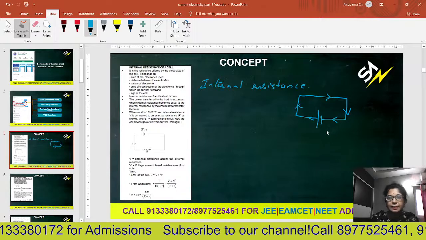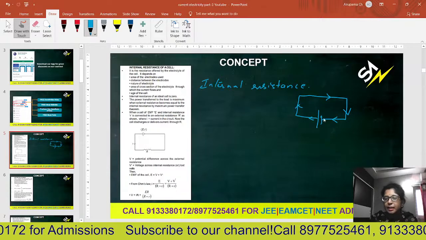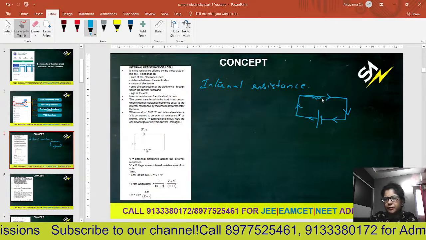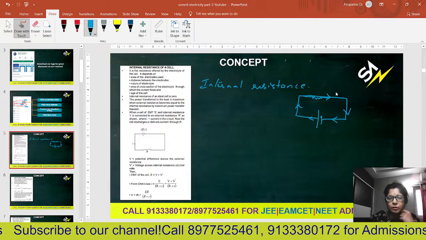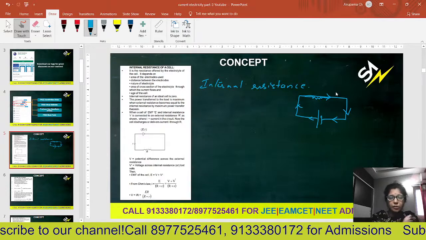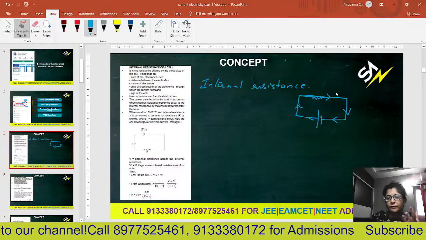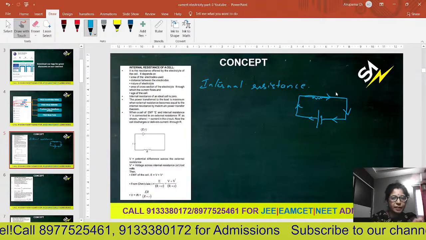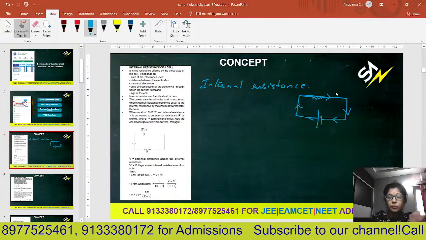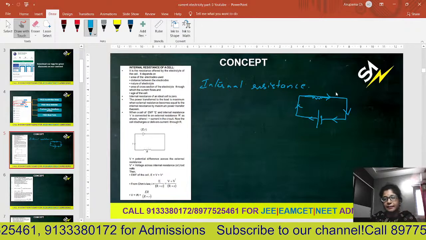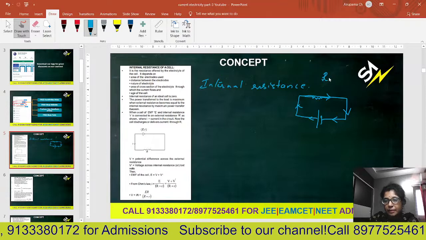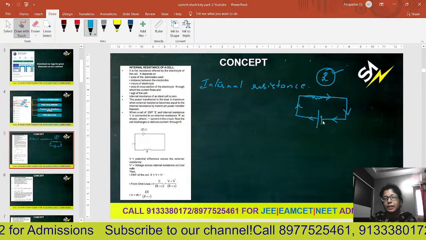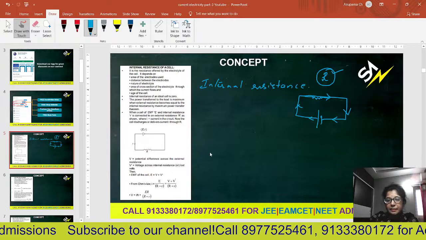Whenever the current is flowing from one place to another, when there is motion, friction should be there. In the same way, here the current is flowing, so in the opposite direction, resistance acts. That resistance we learned as R in the last class. Now, what about internal resistance?